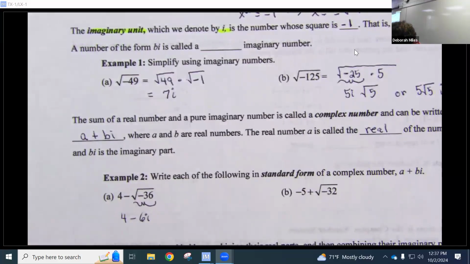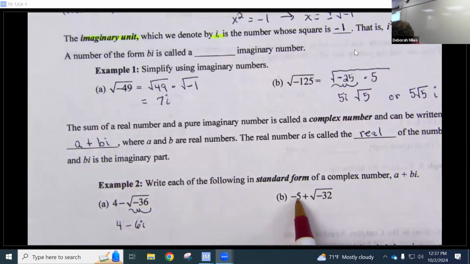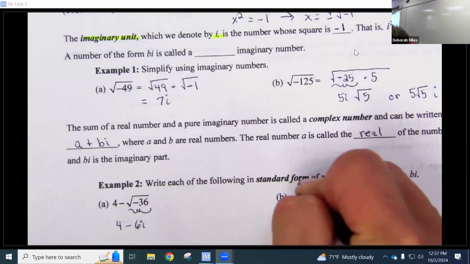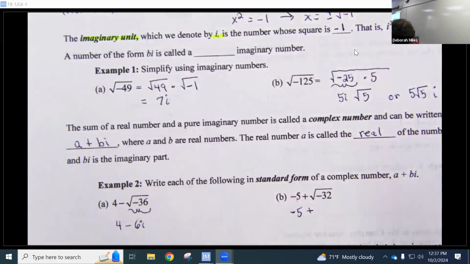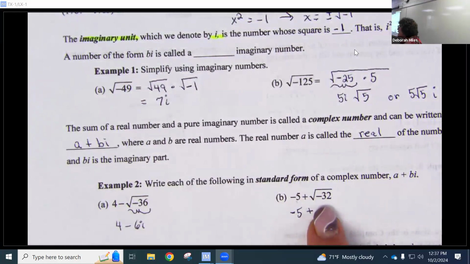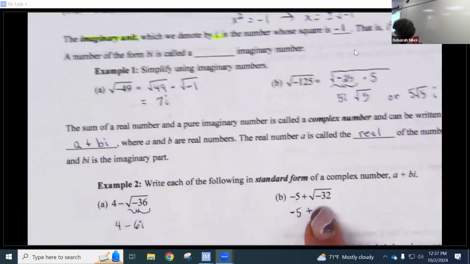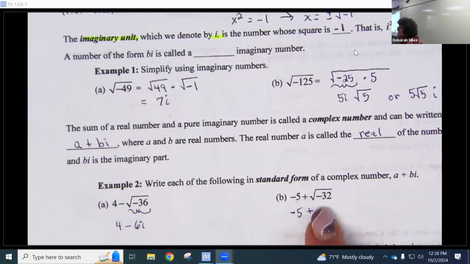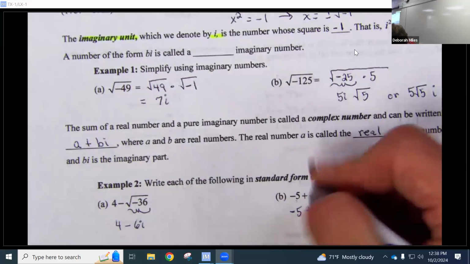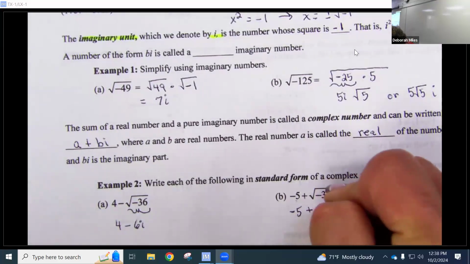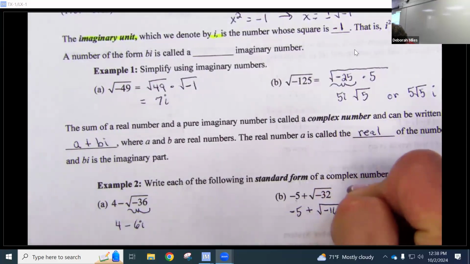The b part, real part is -5, but 32 is not a perfect square. So I'm going to have to factor it into -16 times 2.